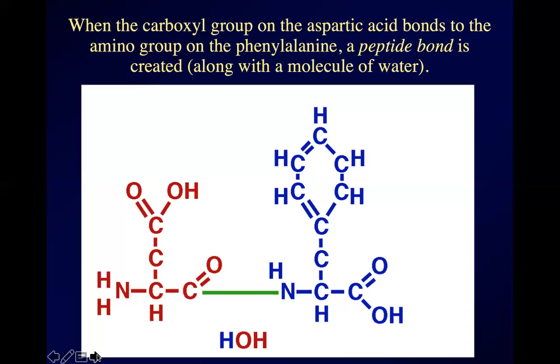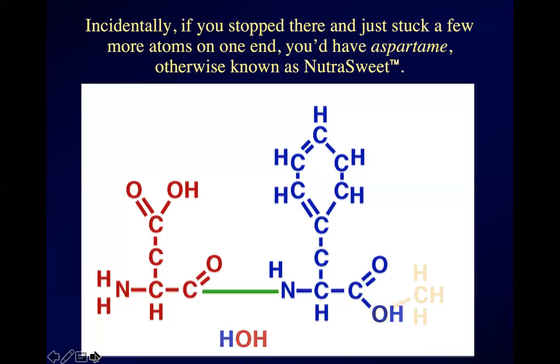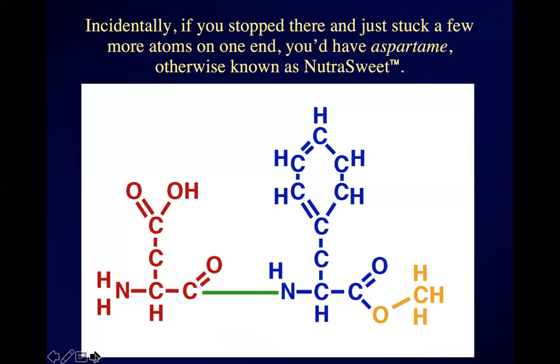Just like we can string trains together to make trains as long as you want, we can stick amino acids together to make chains of them as long as we want. By the way, I picked these amino acids because aspartic acid plus phenylalanine plus a couple of extra atoms stuck on one end is a substance called aspartame, otherwise known as NutraSweet. So you've heard of that because that's what's in diet sodas and things like that. Drinking way too much of it may well be bad for you.